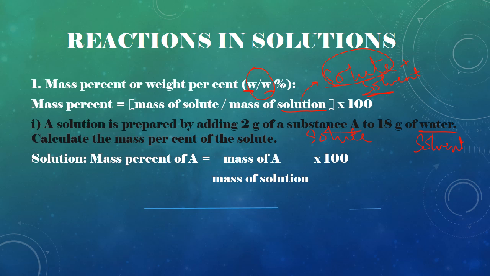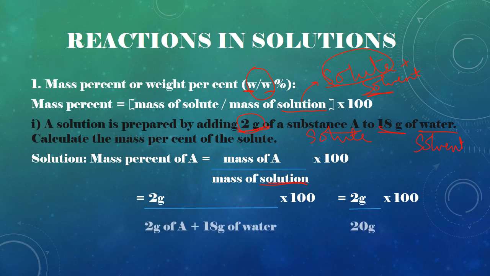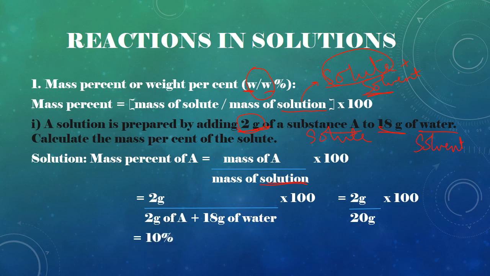Mass of A is given as 2 grams and mass of solution is not given in the question, and we know solute plus solvent becomes solution, so our denominator will be 2 plus 18. So we have 2 by 20 into 100 because it's percentage, and the mass percentage of the solute is 10%.